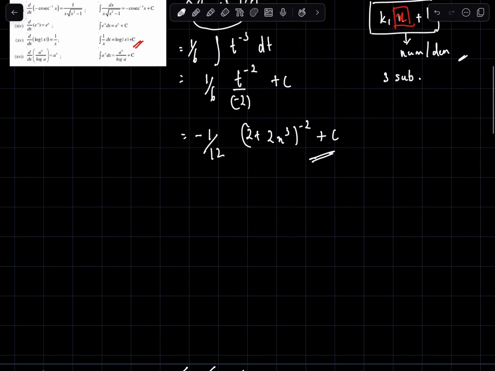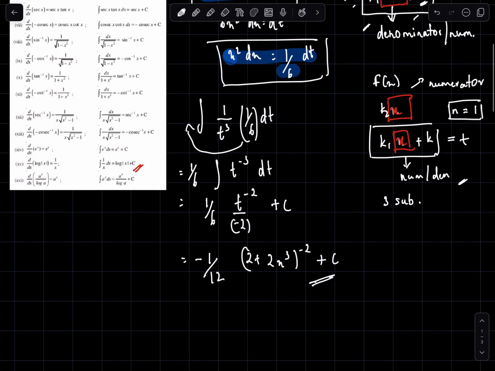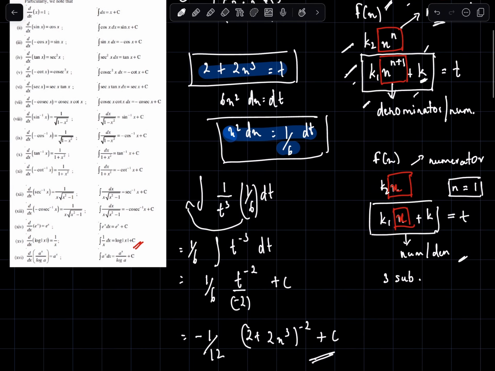Correct? So which question is this? Question number 13. Okay. Let me check the solution before we go ahead. Did I do it right? I think I made a mistake.